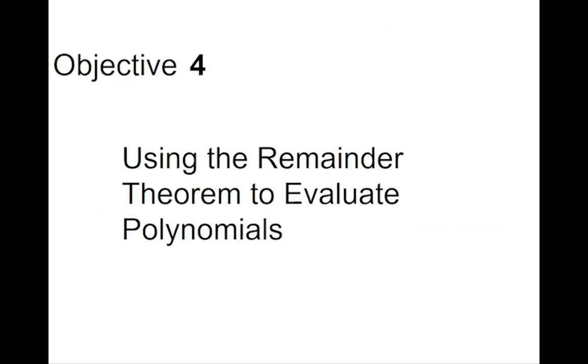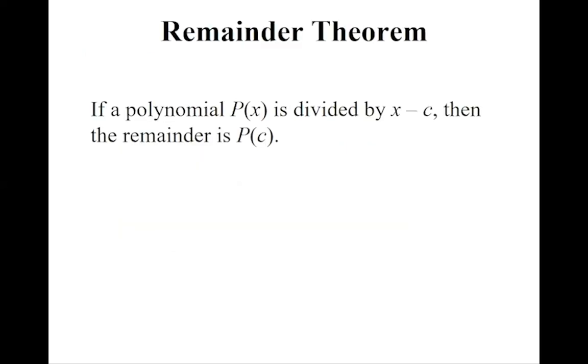Objective 4 in this topic is using the remainder theorem to evaluate polynomials. The remainder theorem states if a polynomial p of x is divided by x minus c, then the remainder is p of c.